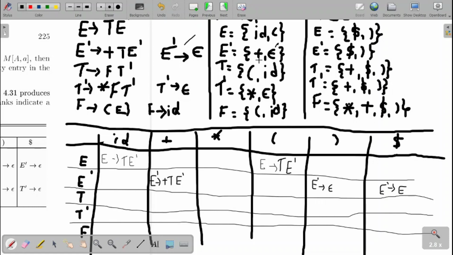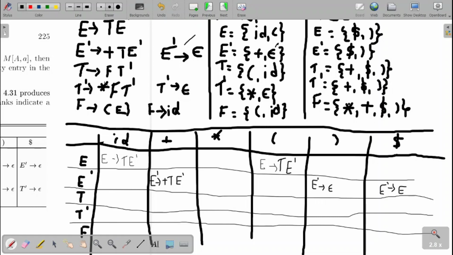If I have the terminal over here, which production is yielding the terminal? E dash derives plus T E dash, that we will write. Then next one, for the epsilon, we won't write it. In place of that, we will look at the follow set. What is the follow set over there? Dollar and the closing parenthesis. For the dollar and the closing parenthesis, we write this production: E dash derives epsilon. This is how we fill the table.